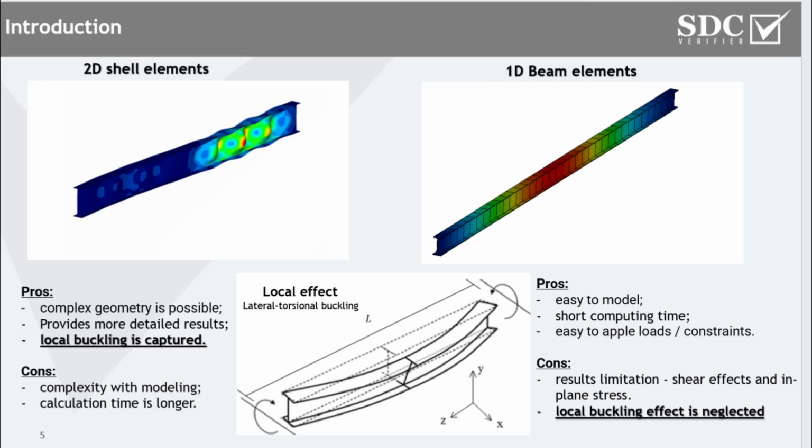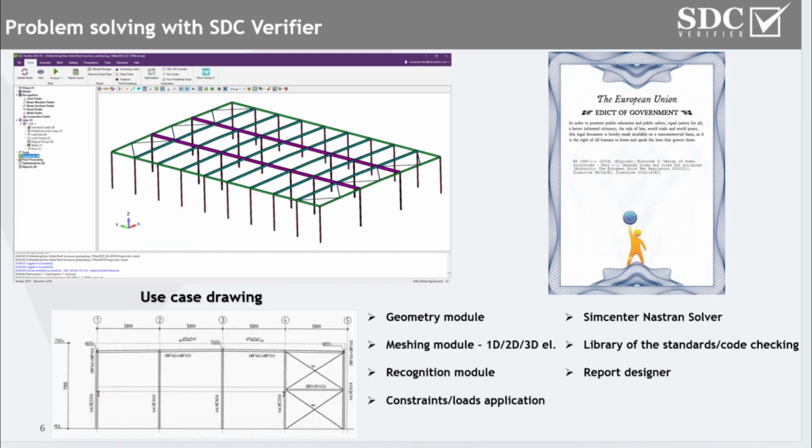That can be done in a spreadsheet, but this is also a time-consuming process, and the solution is simple for this. We can use the SDC Verifier, which allows you to do all these steps, the whole cycle from the beginning to the end, in one software.